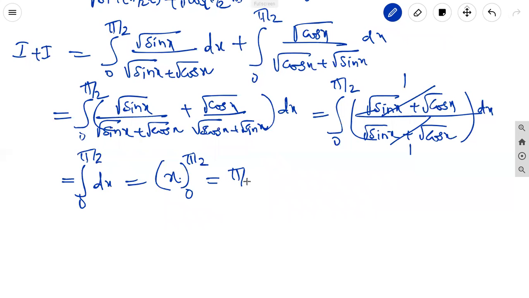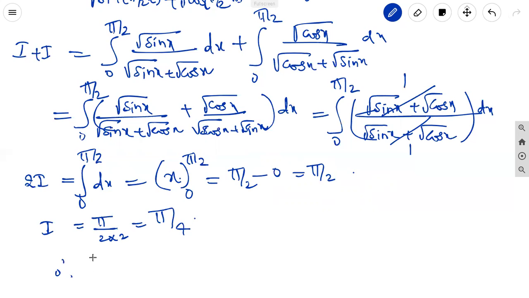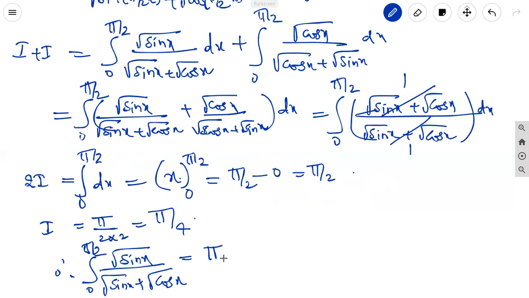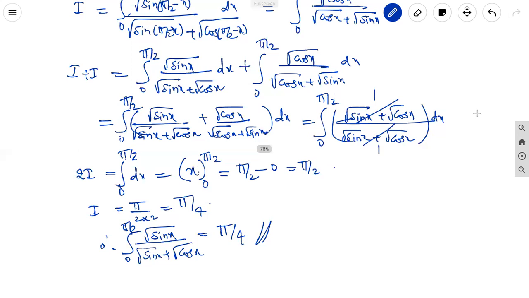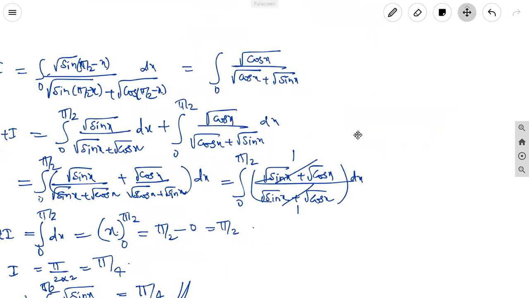It is equal to pi by 2 minus 0, equal to pi by 2. Then it is 2I. Then I is equal to pi by 2 into 1 by 2, which is pi by 4. Therefore, integral 0 to pi by 2 root sin x by root sin x plus root cos x is equal to pi by 4, that is the answer. It's a very, very important problem.